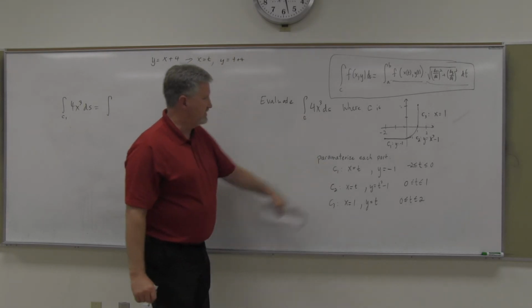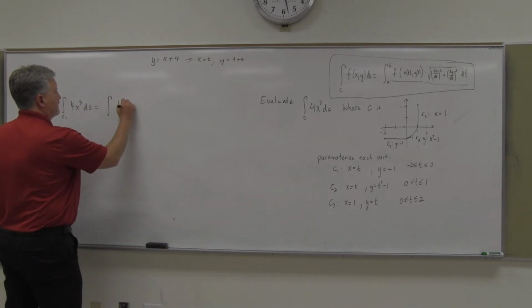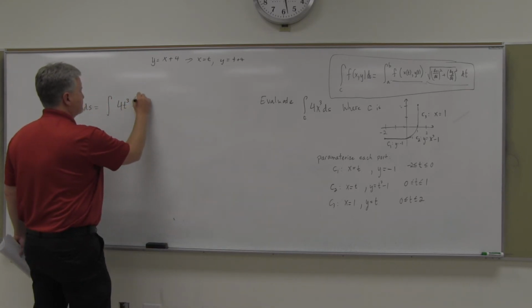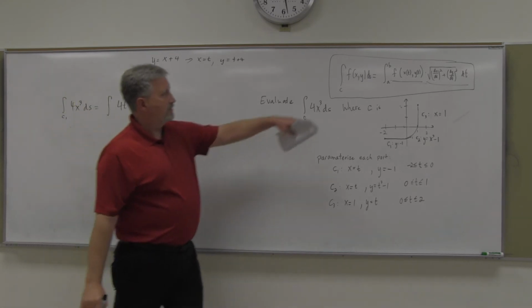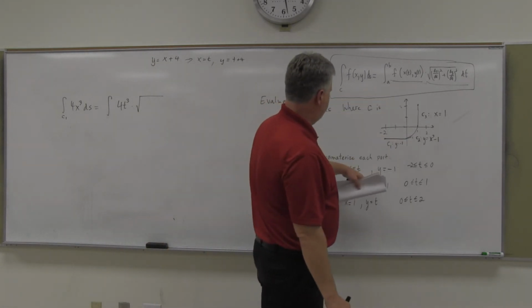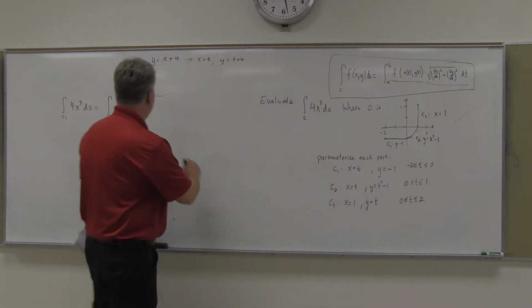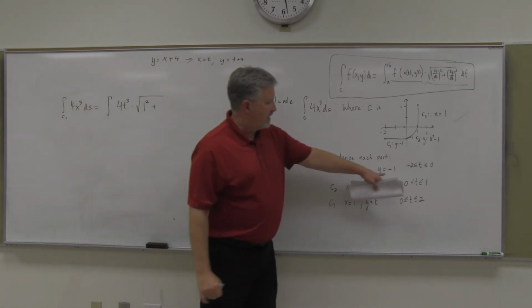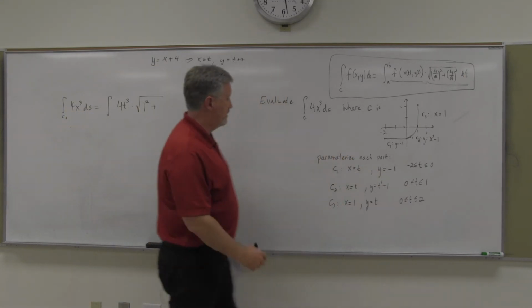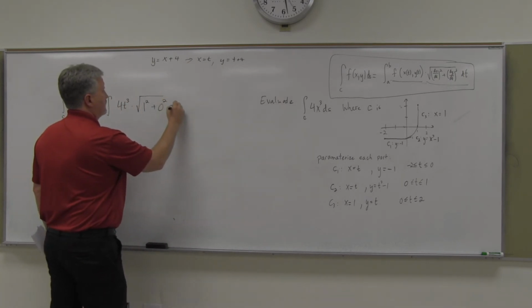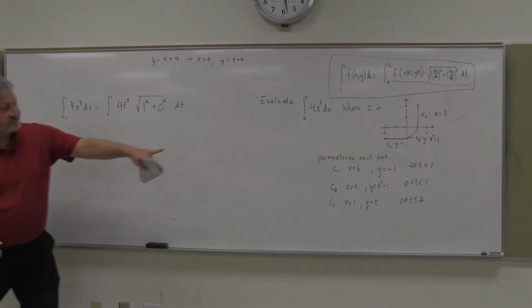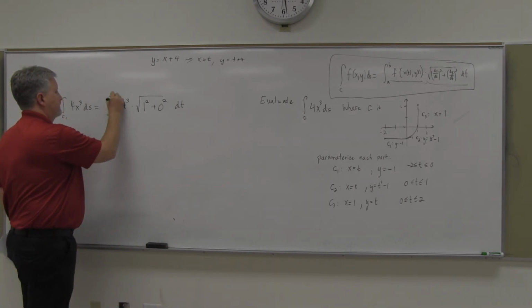So x is t, so that'd be 4t cubed. Then it's times the square root of the derivative squared. That would be 1 squared, the derivative of x, plus the derivative of the y with respect to t, that'd be 0. And t then ranges from -2 to 0.